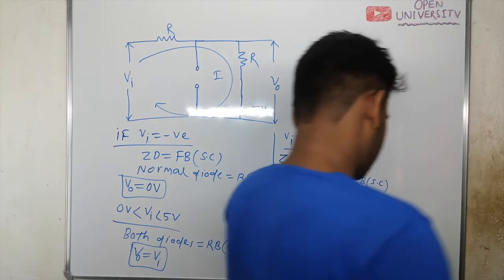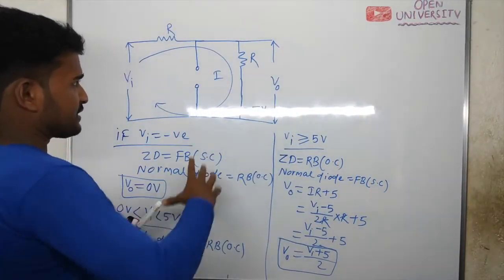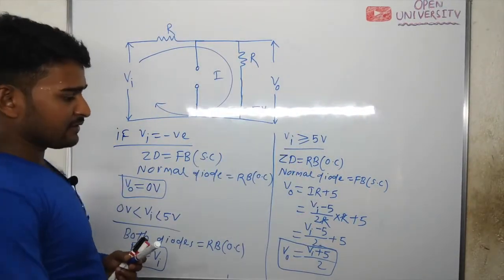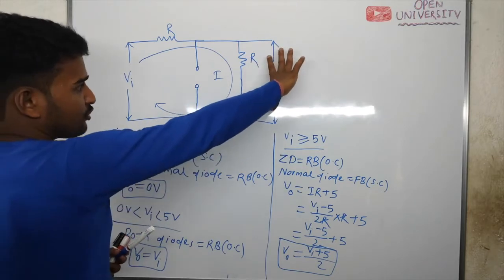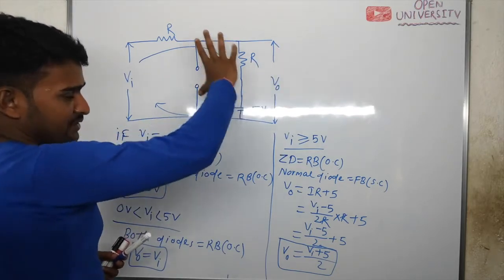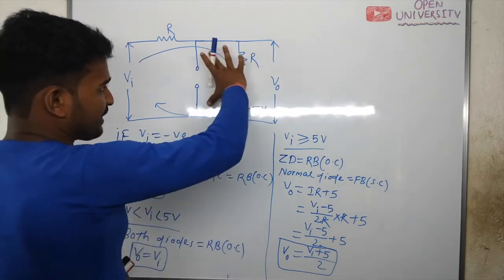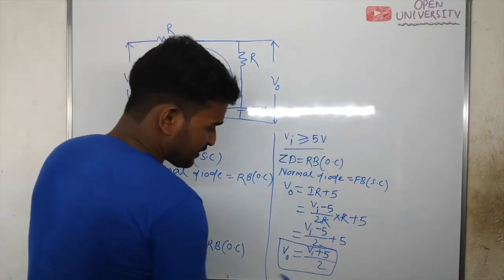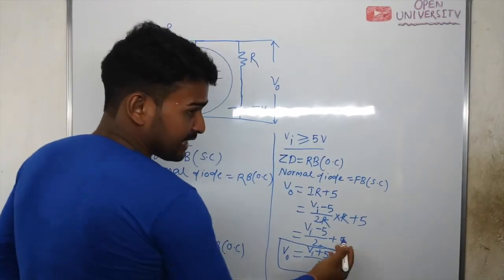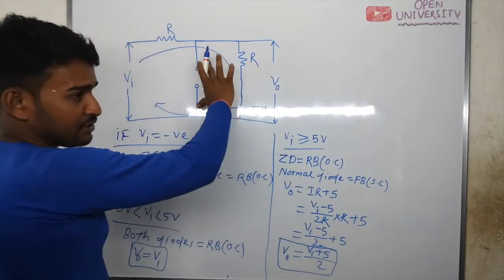Now this output voltage is nothing but the voltage across the Zener. So if the voltage across the Zener exceeds 10 volt, then what will happen? The Zener will be in breakdown.